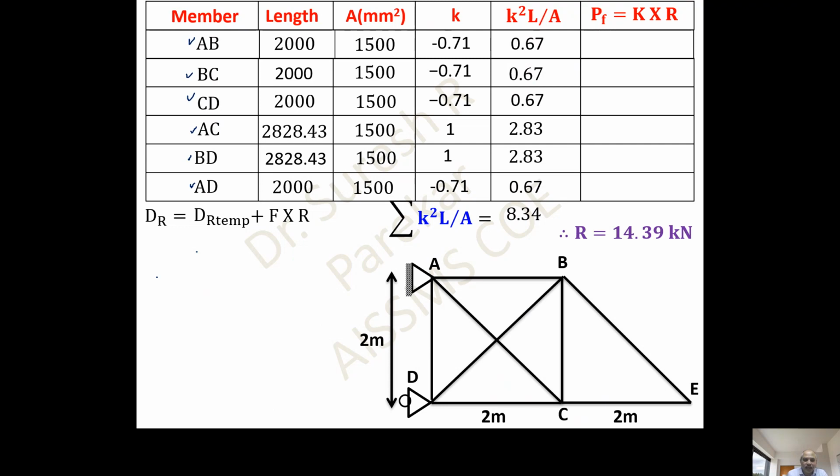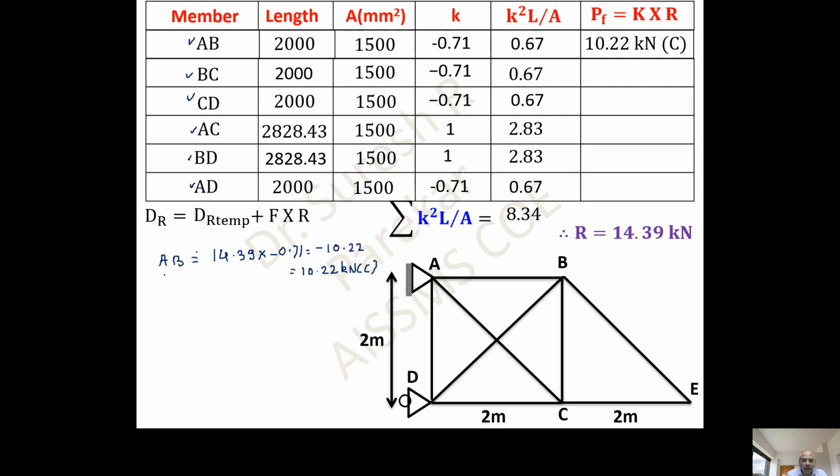Now what will be the force in AB? We do not have any P force, so directly 14.39 into minus 0.71, and we get minus 10.22, that is 10.22 kilonewton compression.